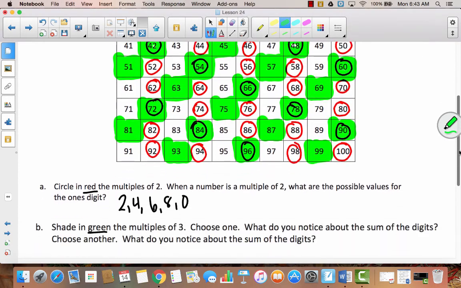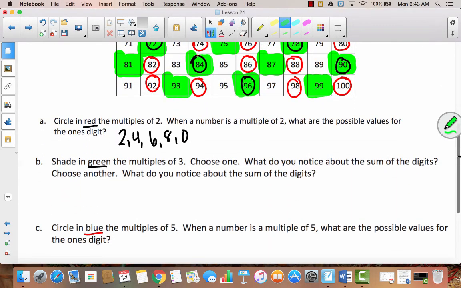Now it says, what do you notice about the sum of the digits? Okay, choose one. All right, so let's choose 81. The digits are 8 and 1, so that would equal 9. All right, choose another.